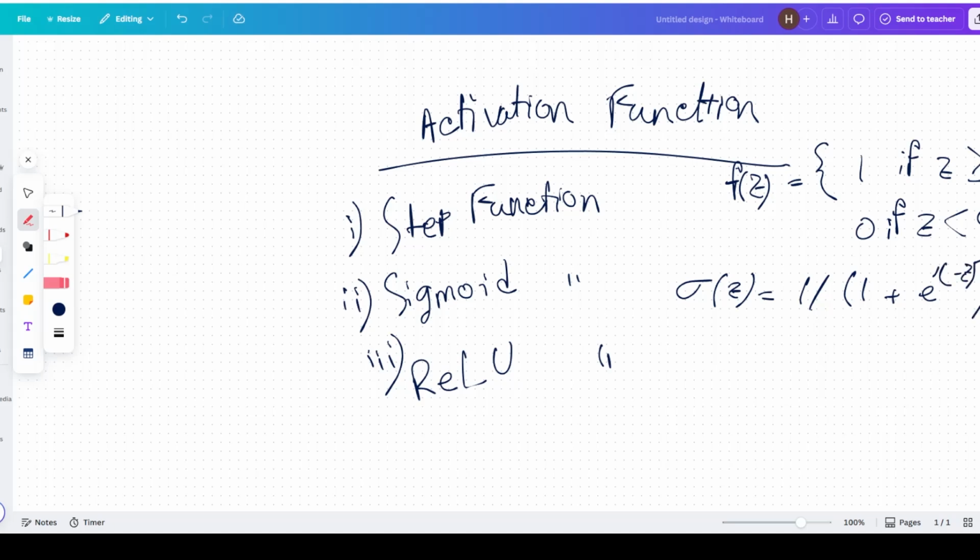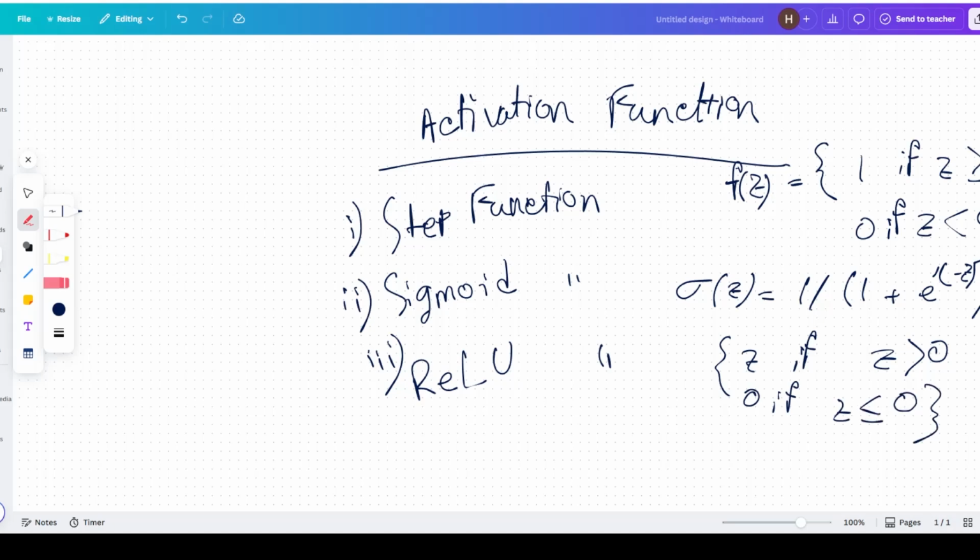Yeah, this was it. And finally for the ReLU, it will be z if our z is greater than 0, and it will be 0 if z is less than or equal to 0.